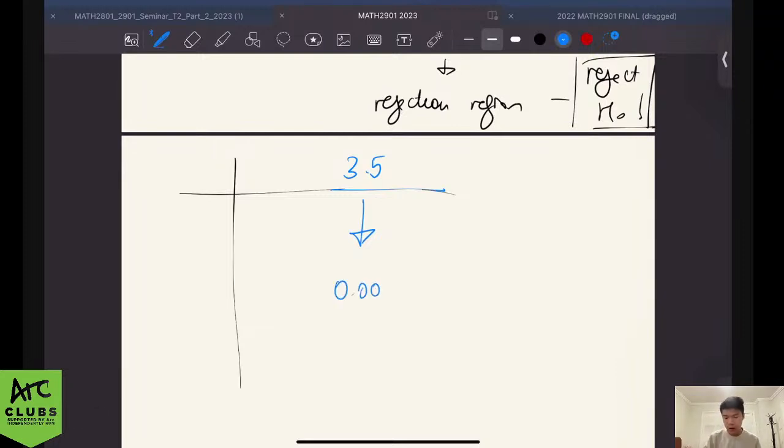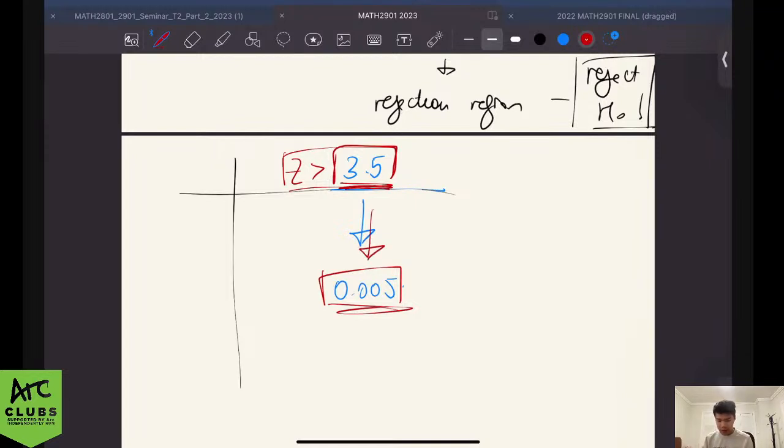What it means is the probability of getting z greater than 3.5. Basically it's just a grid, and they give you a bunch of values that map to probabilities.